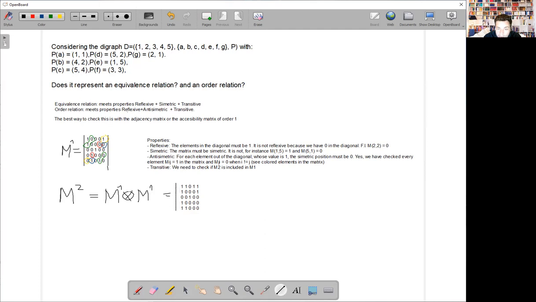So finally, we have the matrix. And as you can see, there are elements which are not contained, right, in the accessibility matrix of order 1, right? So for instance, this one, right?